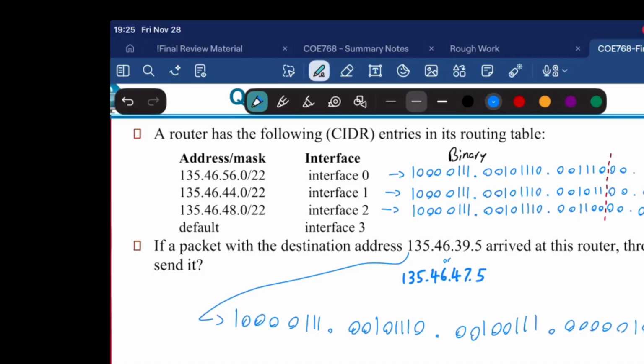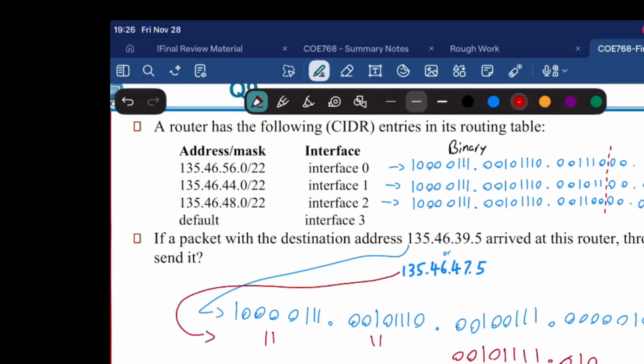And then if we were to do the same with the 47, we would have the same initial bits going up until here, so 001.